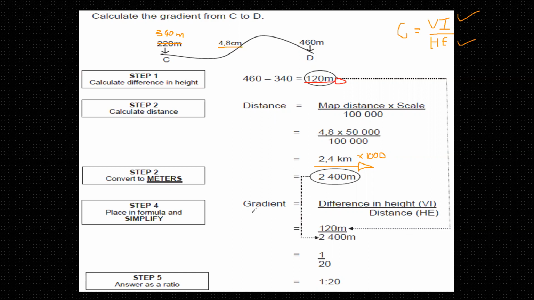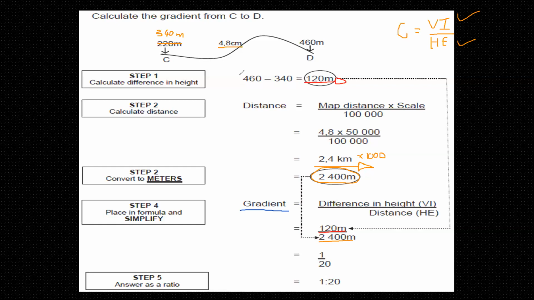So here, our gradient formula, your difference in height over your distance between the 2 points. We bring down your 120, which was your difference in height. We bring down your 2,400 meters because that was your distance between the 2 features. And we put that into your formula. Now we are able to determine what your gradient is going to be.